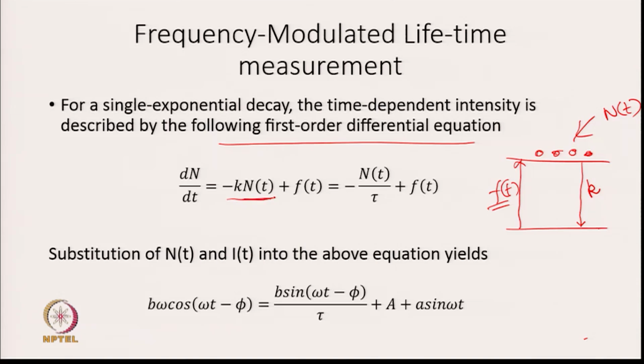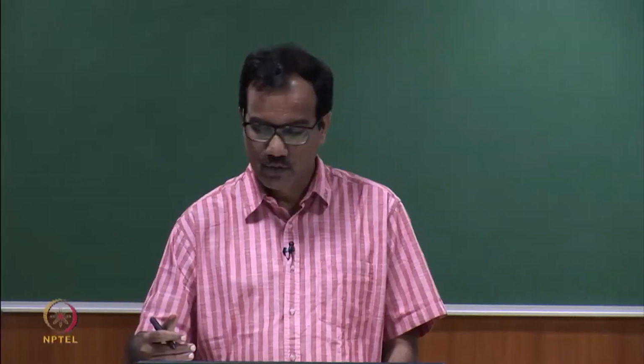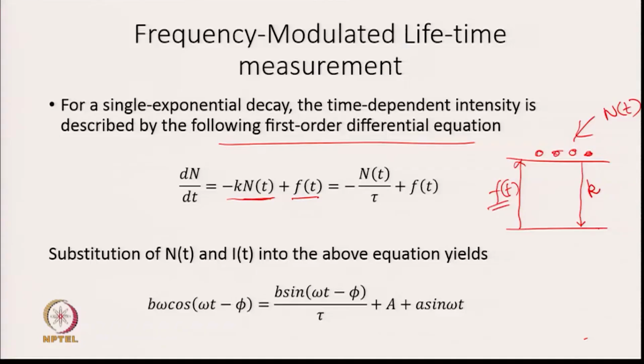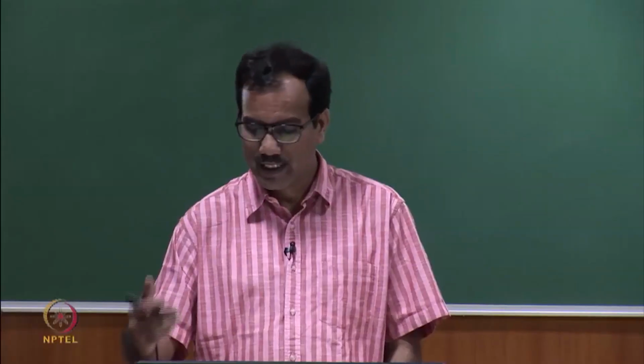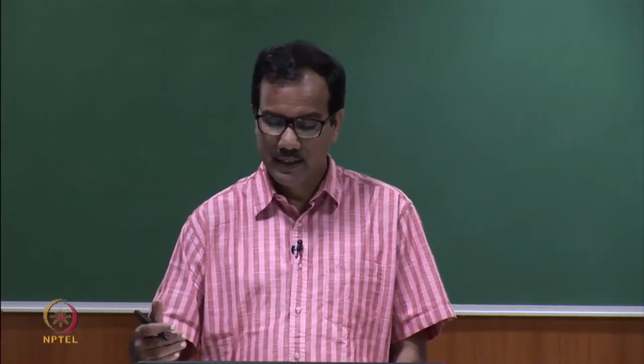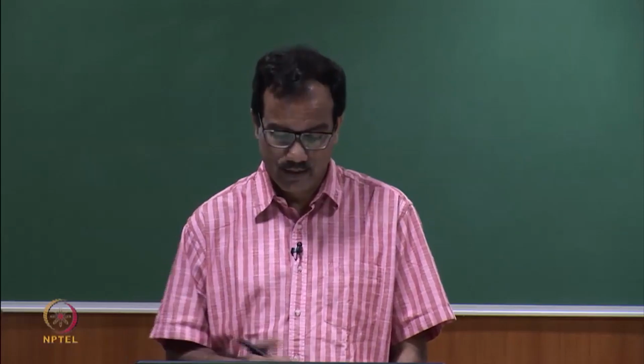So, this tells you about a decrease in fluorescence with time due to emission, and this tells you the increase in the number of fluorophore in the excited state with time due to excitation.